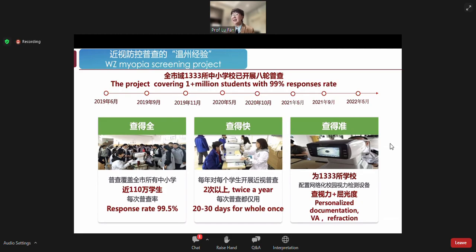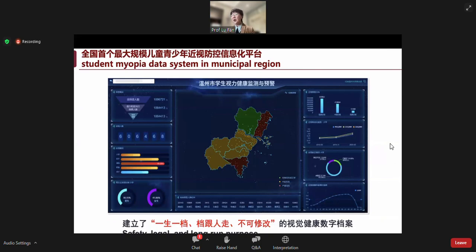It was a very delicate design supported by the local government and the education administration. It was very interesting because we have completed the screening 9 times over the last 3 years. The response ratio was as high as 99%. To support this project in the long run, we established a data system to monitor and analyze within legal and safety structure.